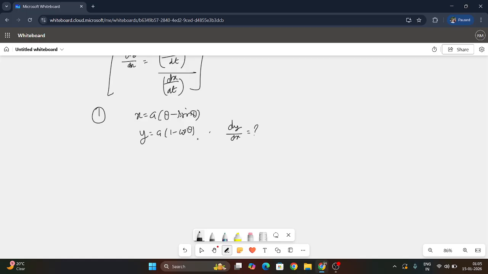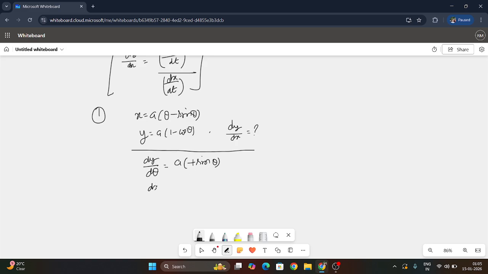Okay, how to do that? The same thing. Here the parameter is theta, so first find dy by d theta. So dy by d theta is going to be what? The differentiation of the constant is going to be 0, and cos theta gives minus sine theta, so plus a sine theta.